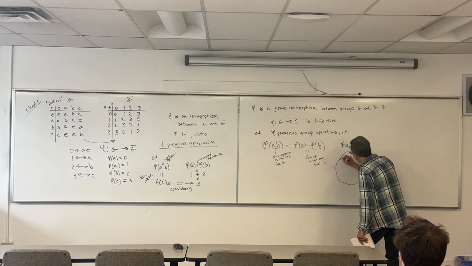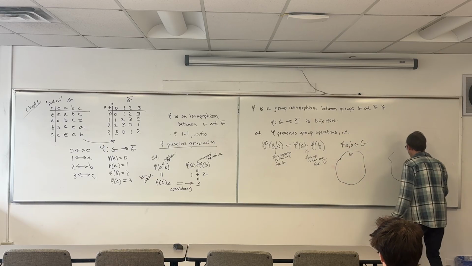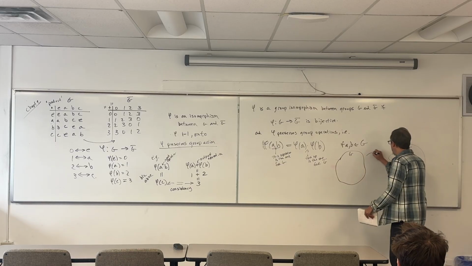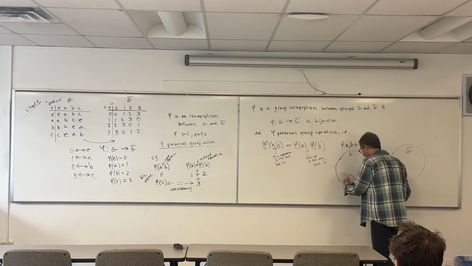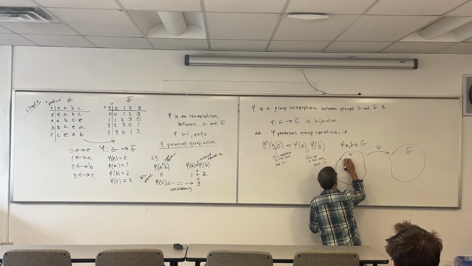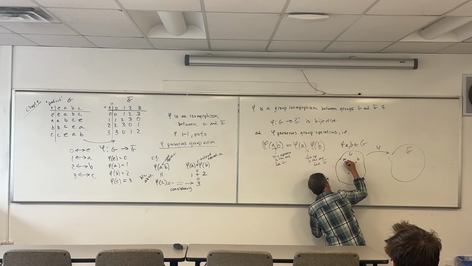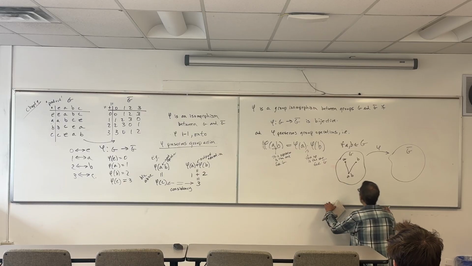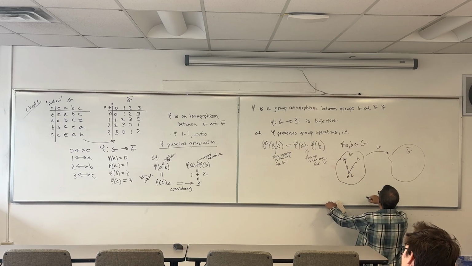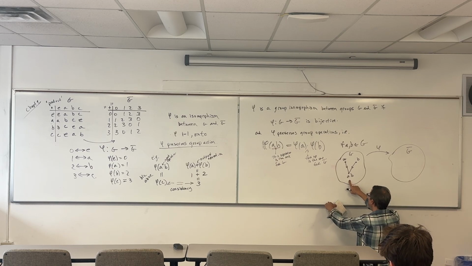So if this is G, and this is G bar, and I've got this map phi that rolls like this. Well, if I have A and B here, so that's A, that's B, and I look at the product of A times B inside here. So these are just little arrows connecting to the product. It's some other element inside here.